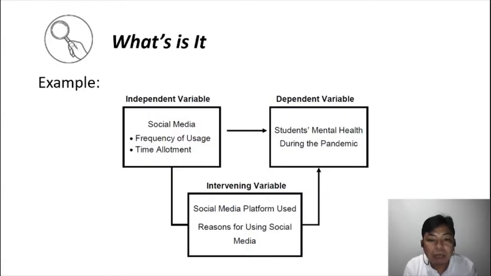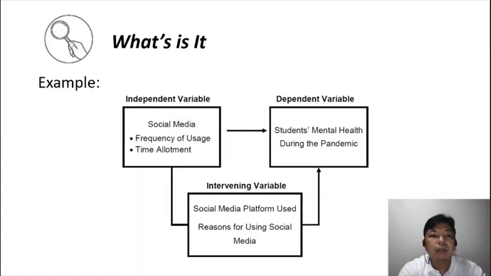Social media platform use, reasons for using social media. So, it can affect, pwedeng maka-apekto yung intervening variable natin sa ating dependent variable. So, it explains also the relationship between your independent variable and the dependent variable. So, yung tinatawag natin na intervening variable.